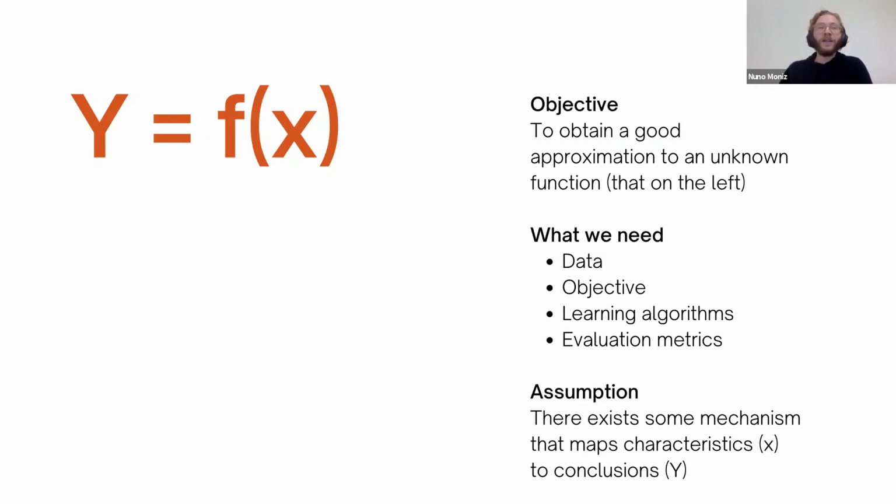Okay. And the underlying assumption that we always have is that there's some type of mechanism, unknown most of the time, that maps the characteristics of something to the conclusions of something.